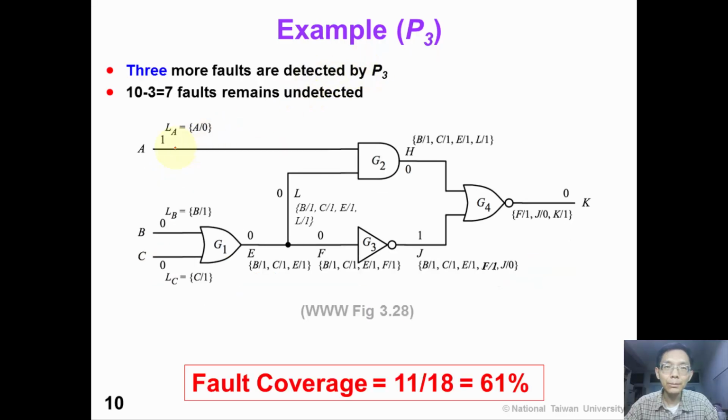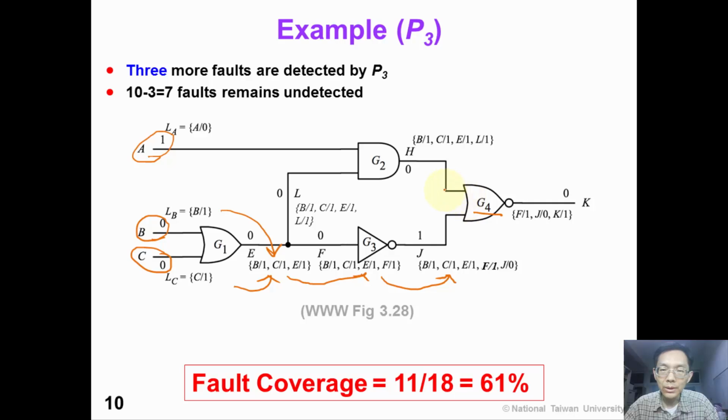Now we apply pattern P3 where A is equal to 1, B is 0, and C is 0. And we can propagate the fault list in the same way.